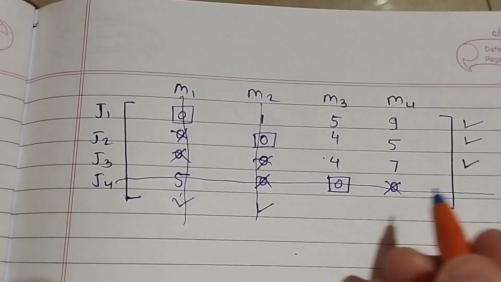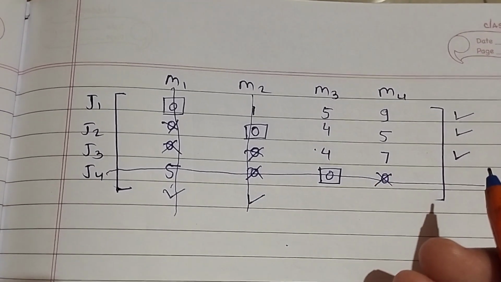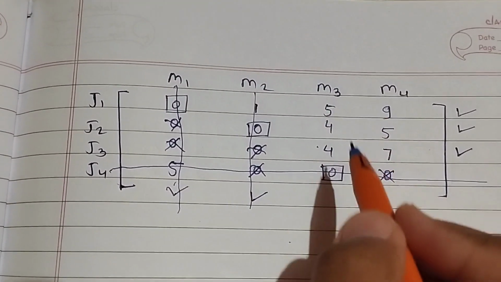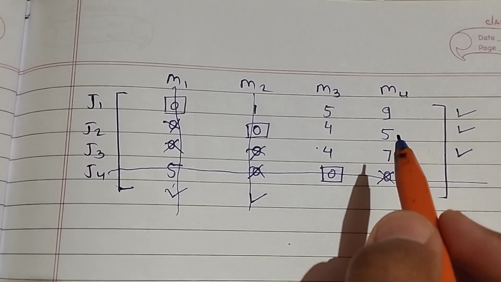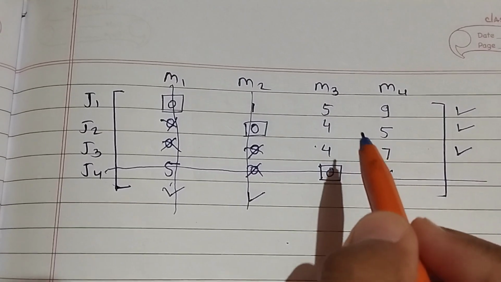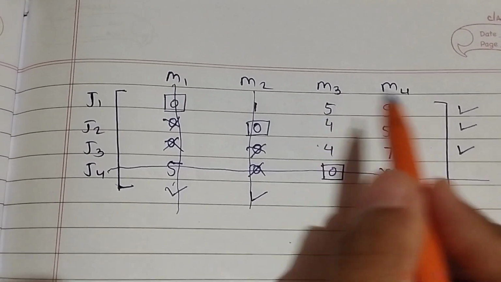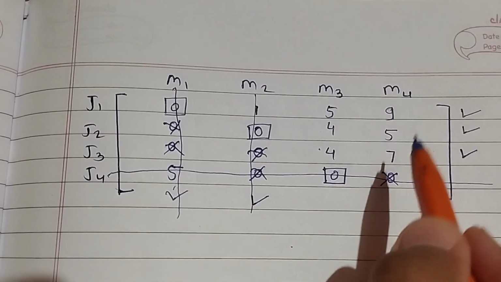Now the further steps are the same. Look at the uncovered elements, select the smallest element, and subtract it from all these uncovered elements.